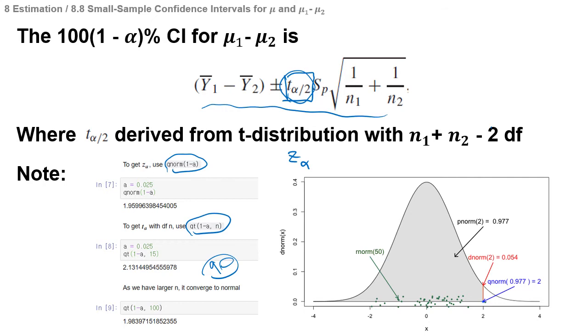So in the future, when you are working on homework or even midterm exams, rather than looking at the table, since you are taking the exam online, you can probably use R. So it would be useful to calculate this kind of t alpha over 2 using R. So check these notes.